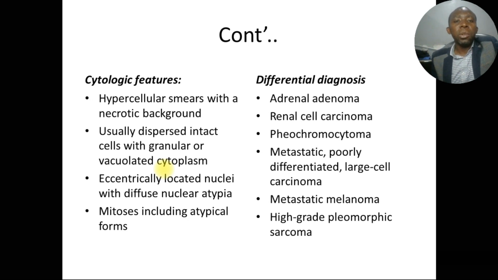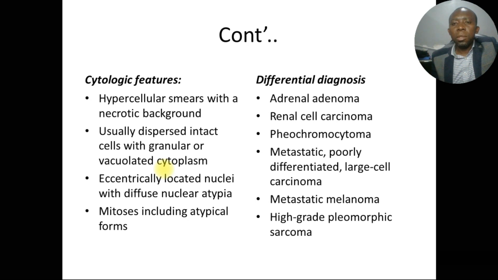Usually we also see dispersed intact cells with granular or vacuolated cytoplasm, eccentrically located nuclei with diffuse nuclear atypia, and mitoses, including atypical forms. These are typical signs of malignancy when we identify them either in a tissue or on a slide.